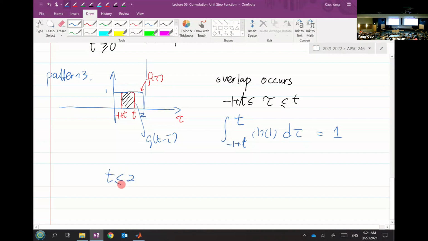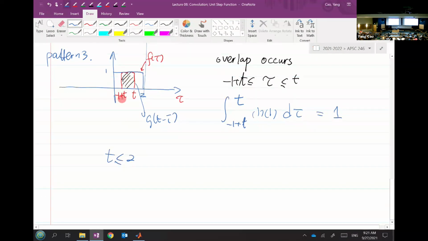That's one reference. And the other reference is you want the -1 plus t edge here not to be on the left side of the vertical axis anymore. You need this edge to be on the right side. So you need the -1 plus t edge to be greater than 0. These two should suffice.